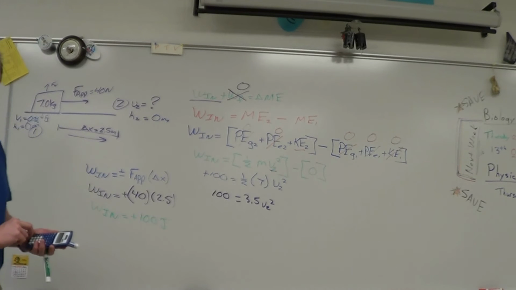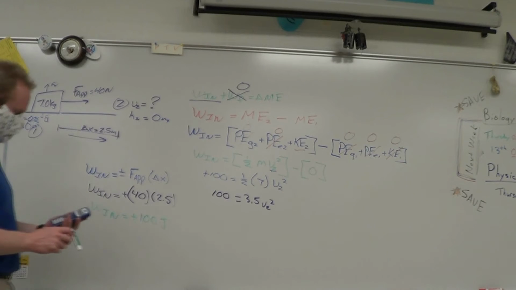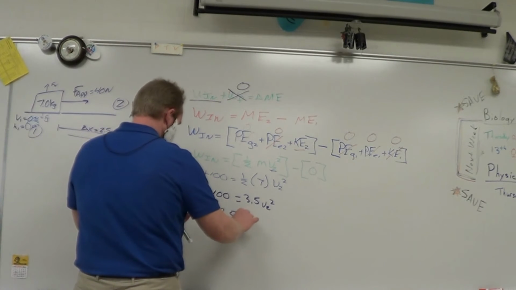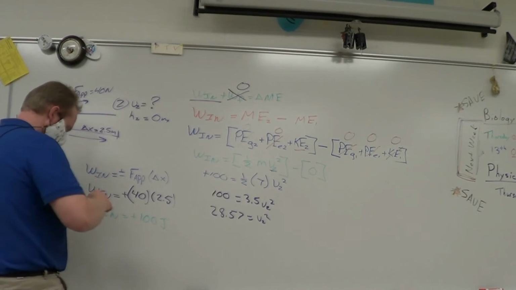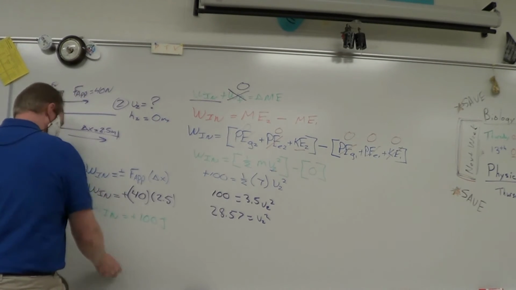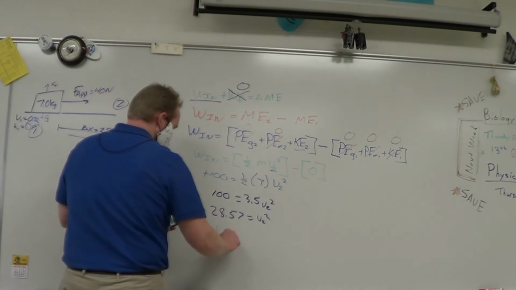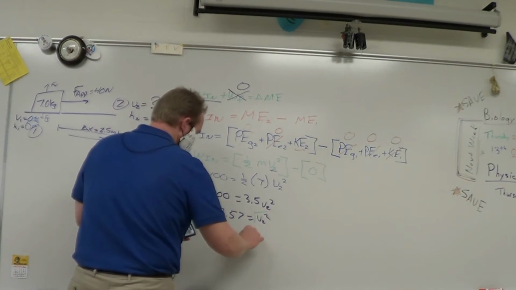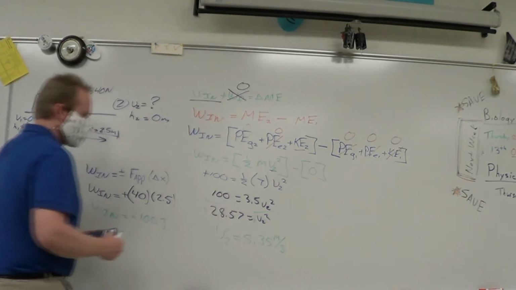Maybe I did that all in one step, I don't remember now. So divide both sides by 3.5, and we get 28.57 for V2 squared. Then you take the square root to get a final answer of V2 of 5.35 meters per second.